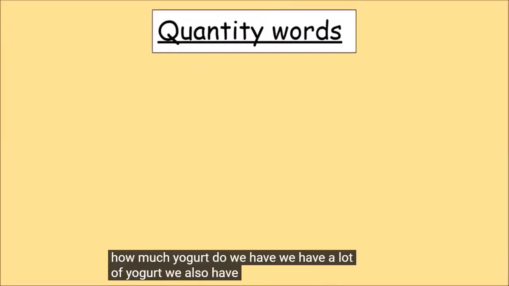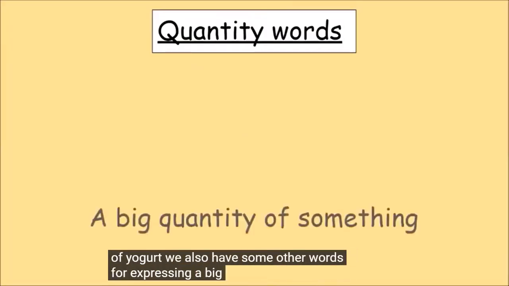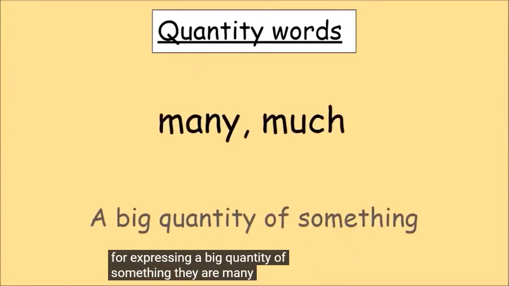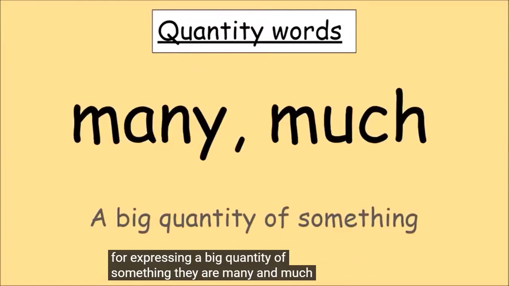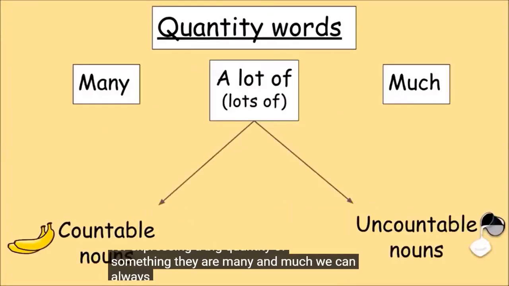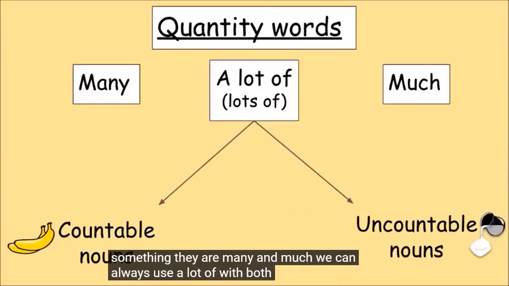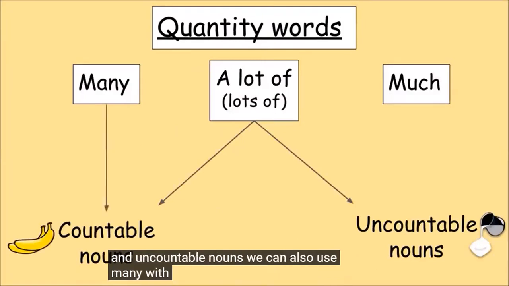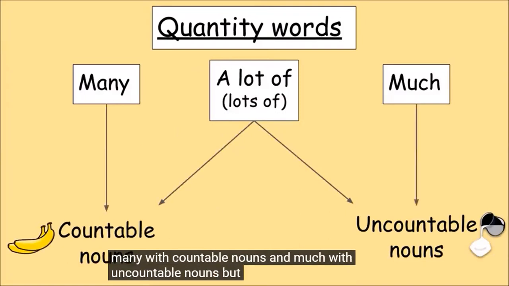We also have some other words for expressing a big quantity of something. They are many and much. We can always use a lot of with both countable and uncountable nouns. We can also use many with countable nouns and much with uncountable nouns.